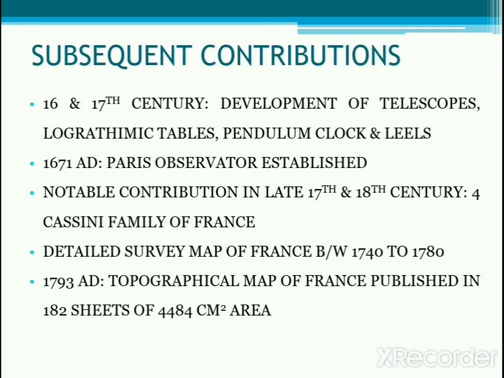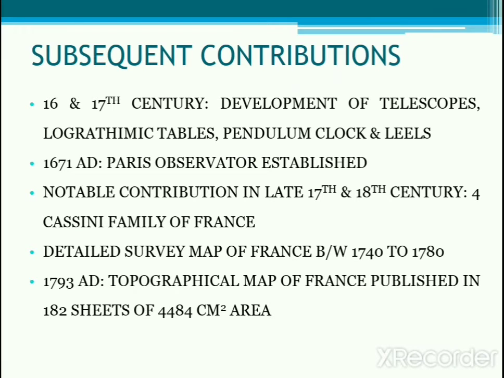The later part of the 16th and the 17th century gathered more knowledge on the continents of Australia and North America and other parts of the world, especially China. The scientific world witnessed further advancement in surveying methods, development of the telescope, logarithmic tables, pendulum clock and levels.